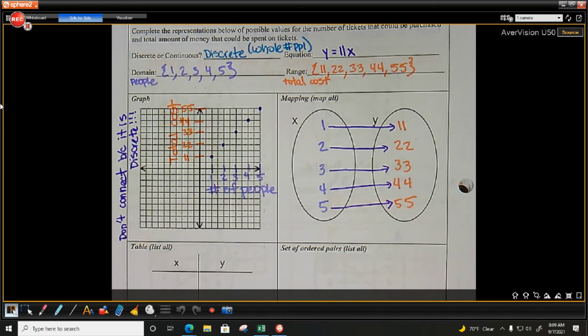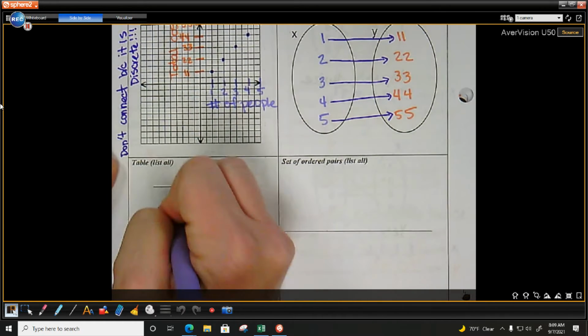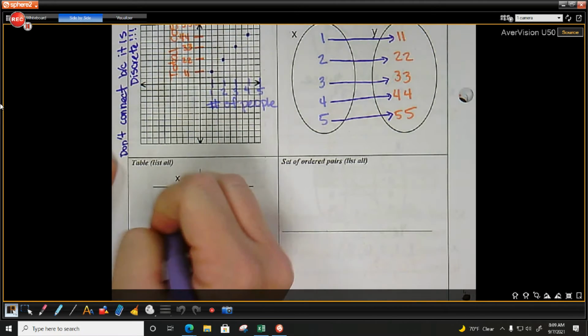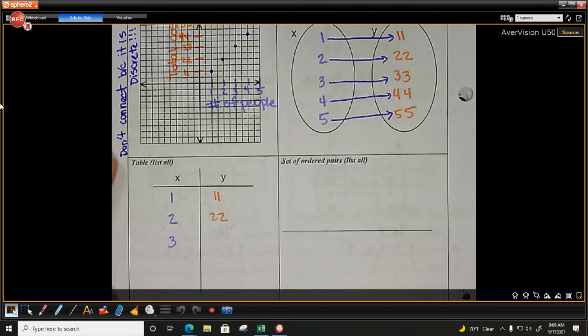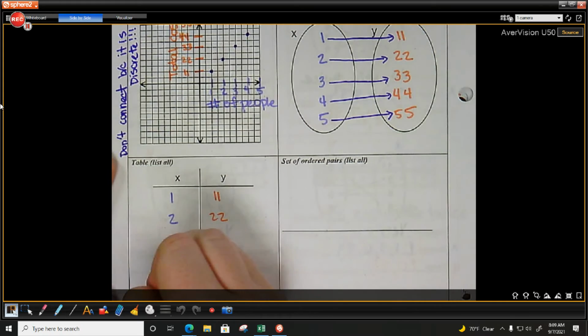Okay. Then we're going to make a table. One person is $11. 2 people is $22. 3 people is $33. 4 people is $44.